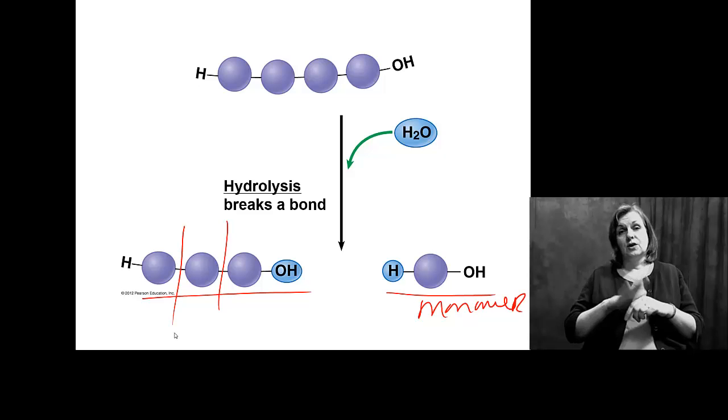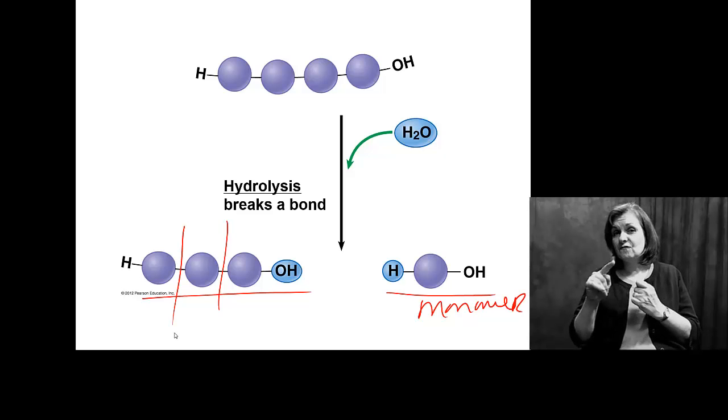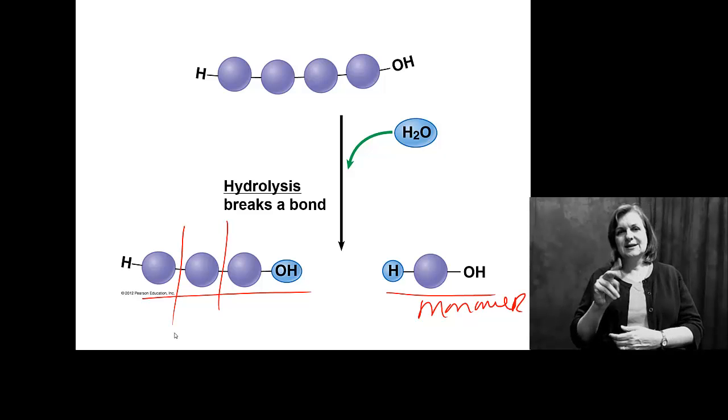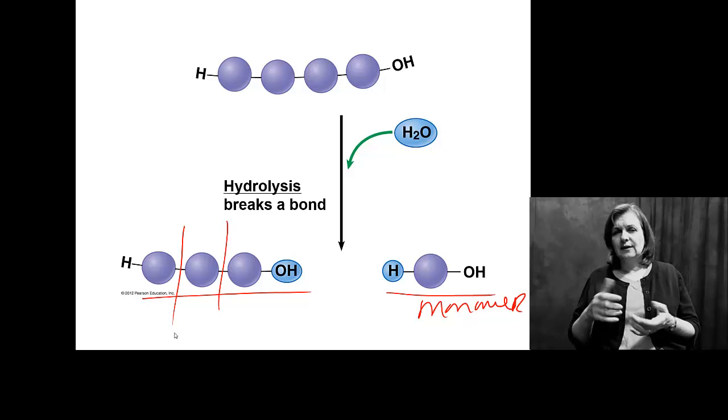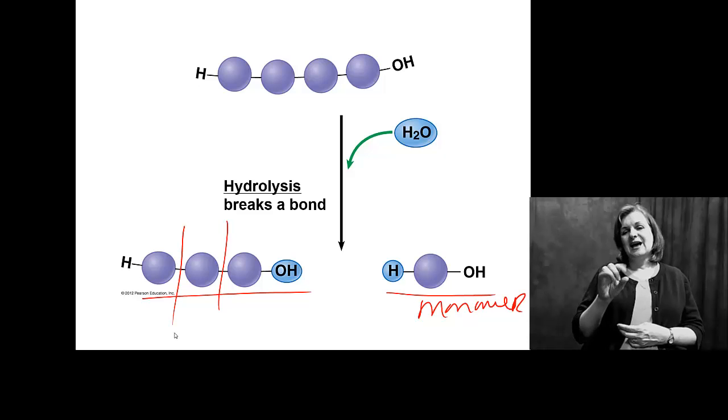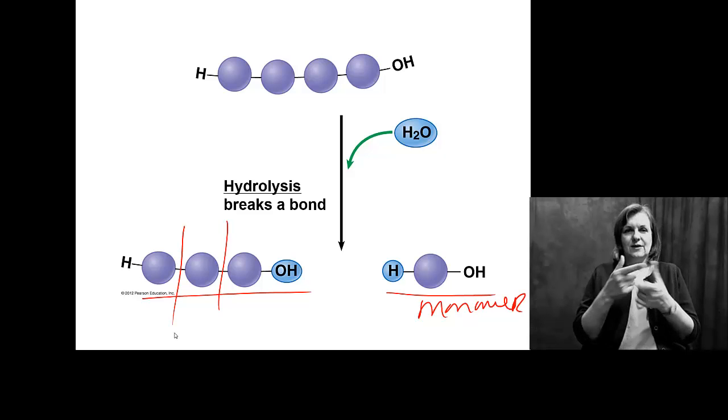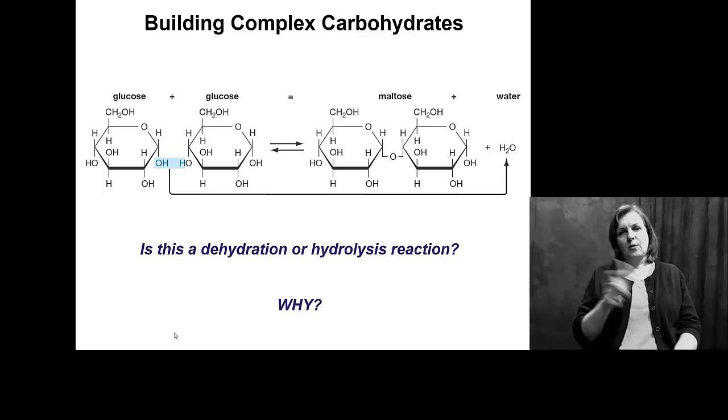So many things are dependent on your ability to break down polymers. But in order to make enzymes, store fats, create new DNA that you're doing every single day requires our dehydration reaction from before. We have to build polymers. So you're going to see this back and forth and back and forth.